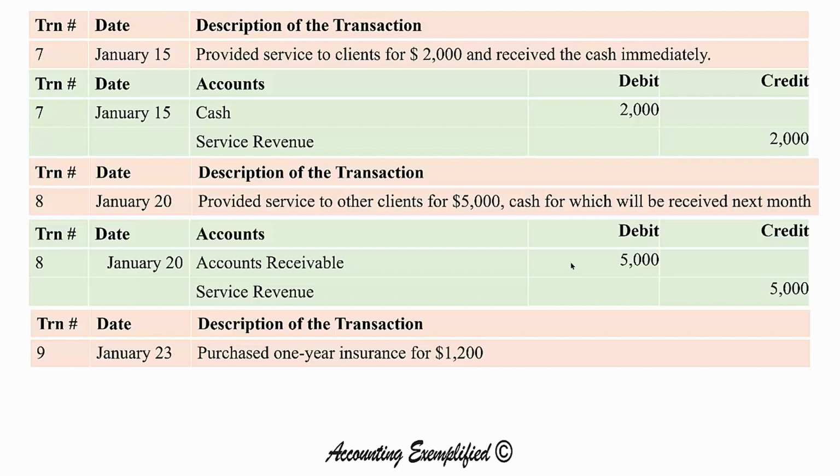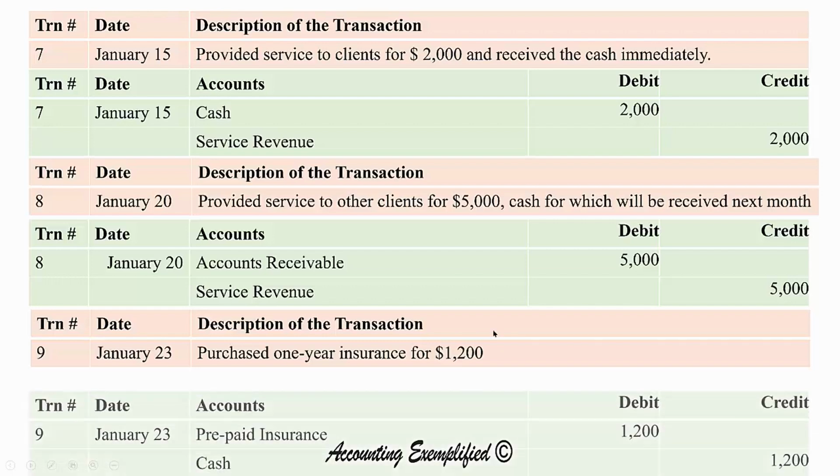January 23, company purchased 1-year insurance. So here the company is not just paying for the month of January. The company is paying for the entire 1-year insurance, $1,200. So the company is paying for the insurance expense upfront for the entire year.